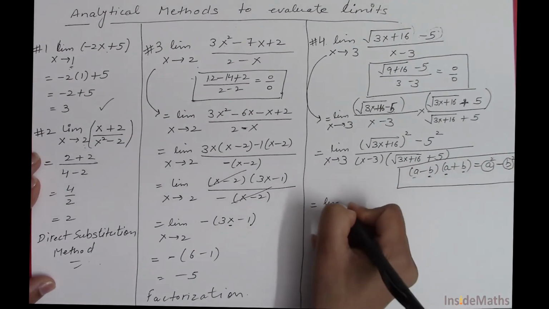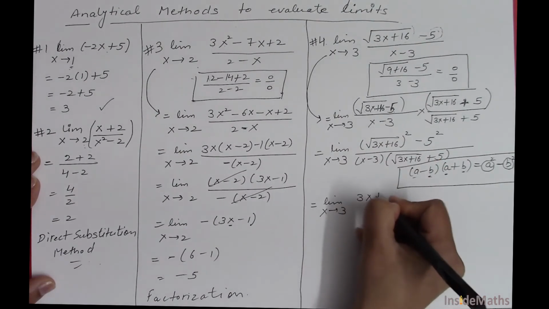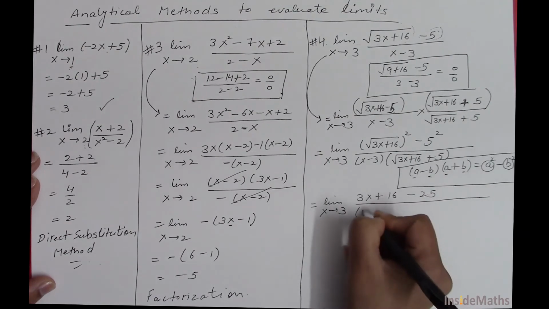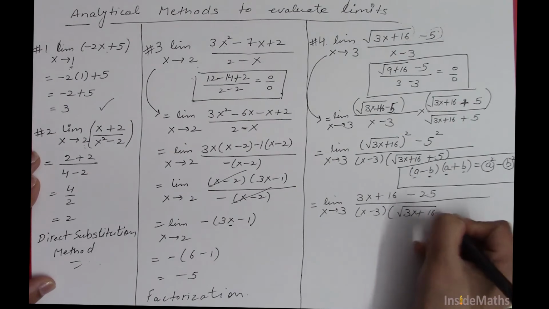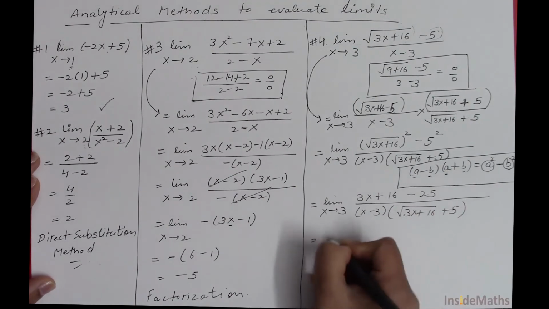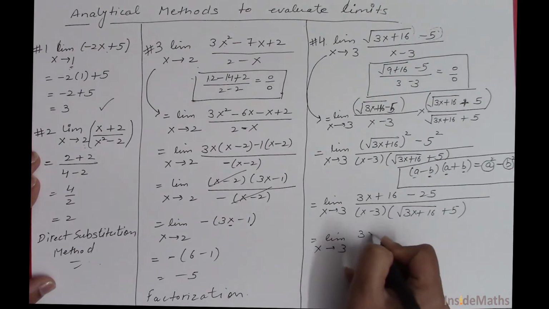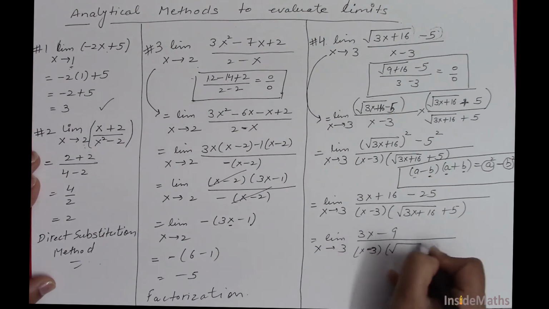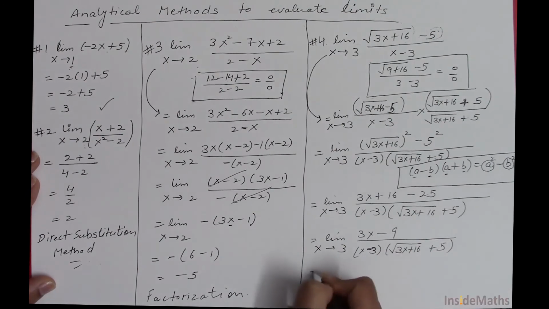Now this becomes limit x approaches 3, (3x plus 16 minus 25) over (x minus 3)(root of 3x plus 16 plus 5), that is (3x minus 9) over (x minus 3)(root of 3x plus 16 plus 5).